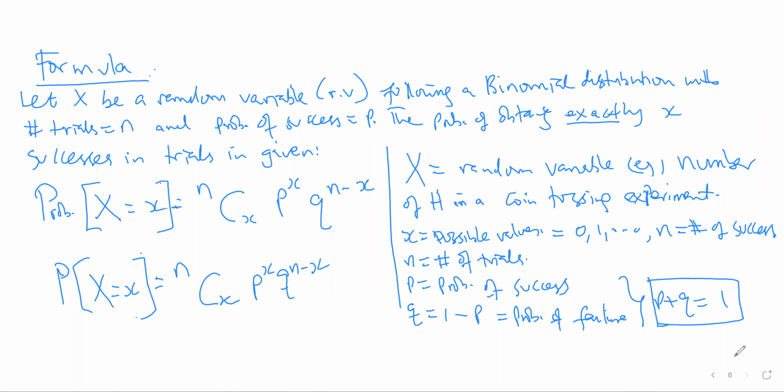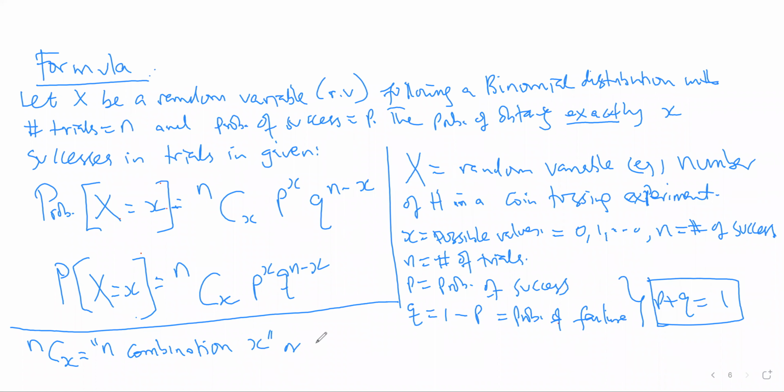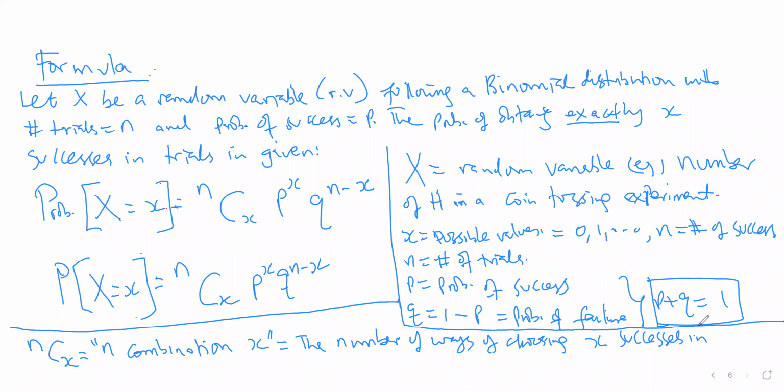Now, there's this item here I want you to pay attention to, what we are calling N combination X. This one is read as N combination X. Or you can translate it to the number of ways of choosing X successes in N trials.